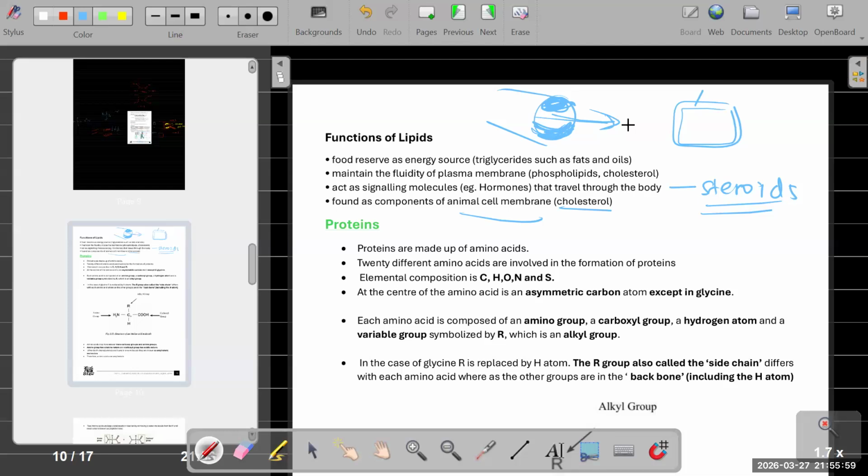Okay. Just go through these functions, and if it's completely clear, then that's it for the day. Hopefully, next class we'll start protein. Just check and let me know. One student has said that it's clear for her.